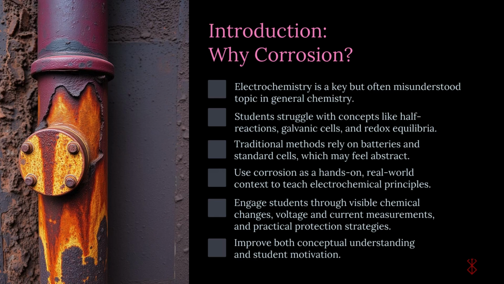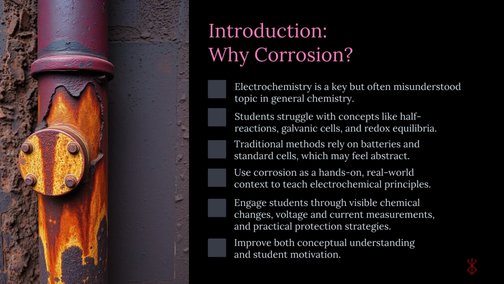Traditionally, electrochemistry is taught using batteries and standard voltage cells. However, this article offers an alternative and highly effective approach, using corrosion as the main context to teach electrochemical principles.